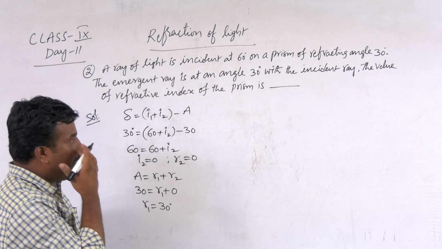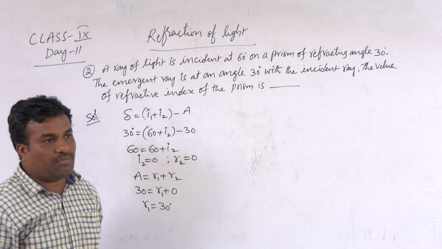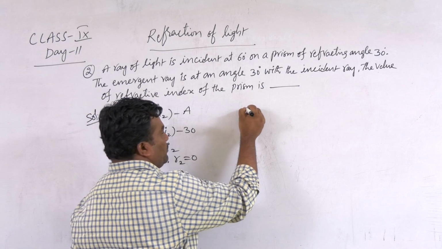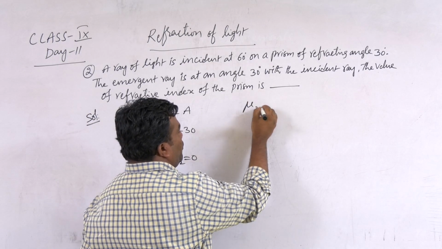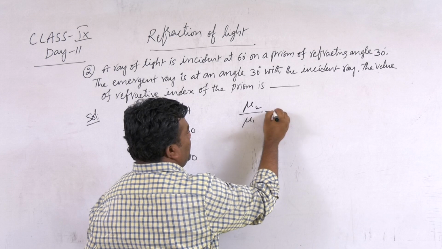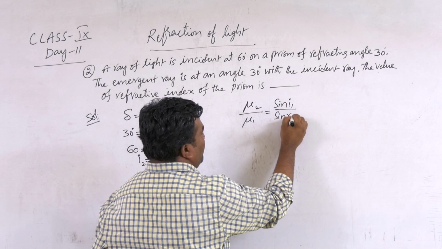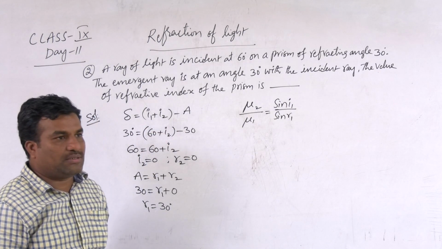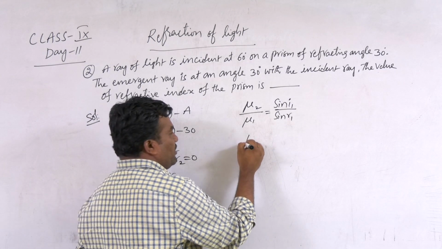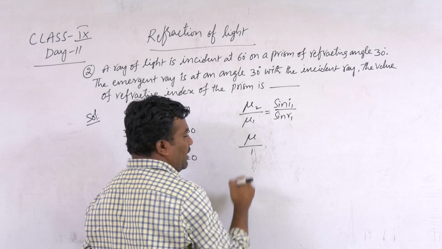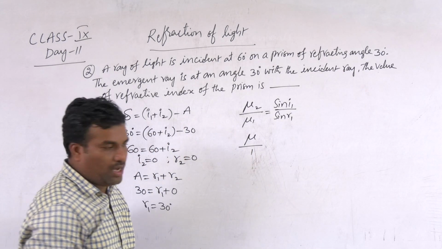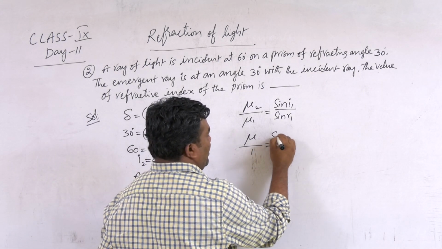But what you want here? The refractive index of the prism on the first surface. So that's why I am writing here mu2 by mu1 is equal to sin I1 by sin R1. Okay, mu2 means the second medium, that value is mu, and air's refractive index is 1, that is equal to sin I1.